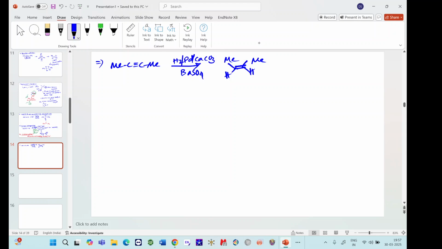Okay. Now this was all about the syn addition. What about trans addition? If you need the trans product for your synthesis purpose, so conversion to trans alkene.